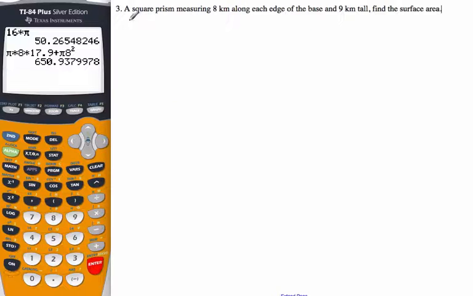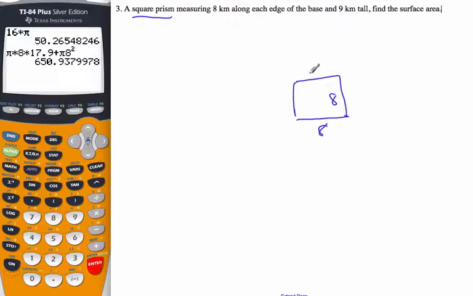A square prism measures 8 kilometers long on each edge of the base and 9 kilometers tall. Find the surface area. Well, there's no diagram. What does the square prism actually look like? I need a square base. So here's my square, and it's 8 by 8.